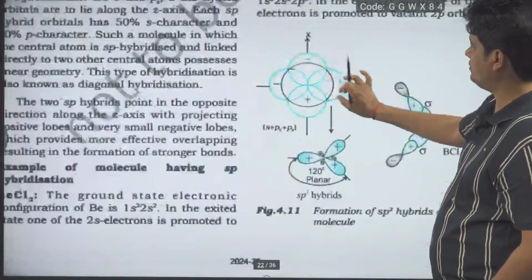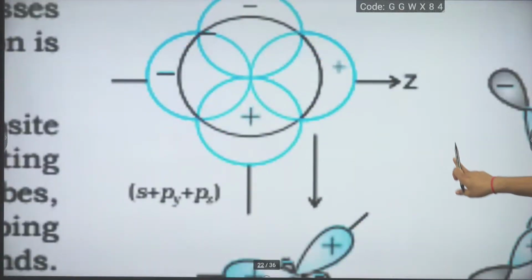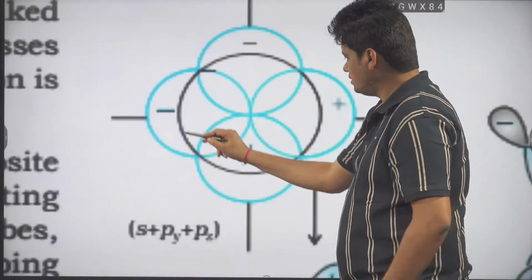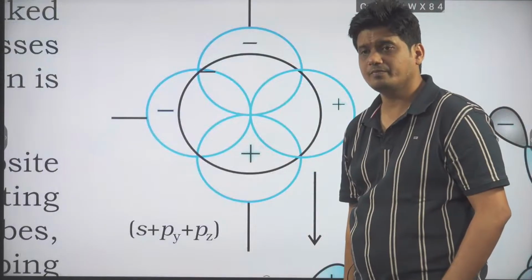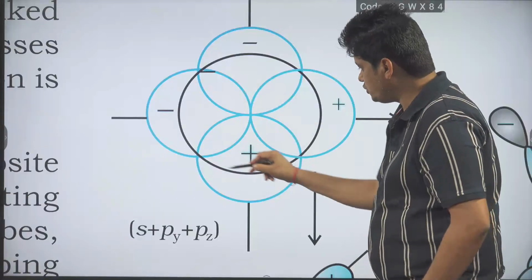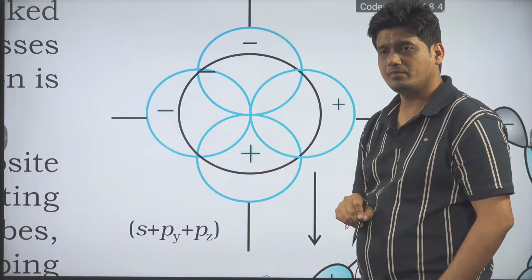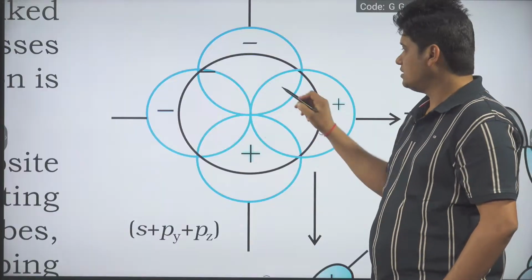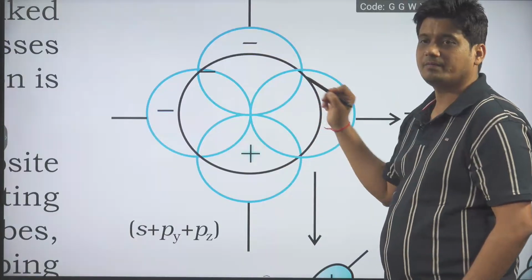What diagram have they drawn? See, this black one is the 2s orbital, this blue one, let's say 2px, then this is 2py.